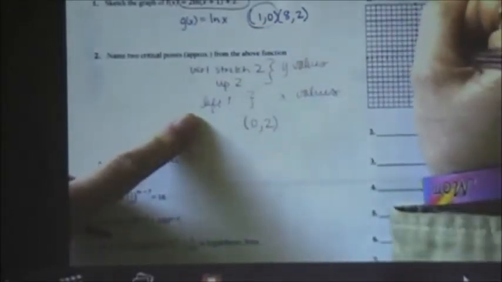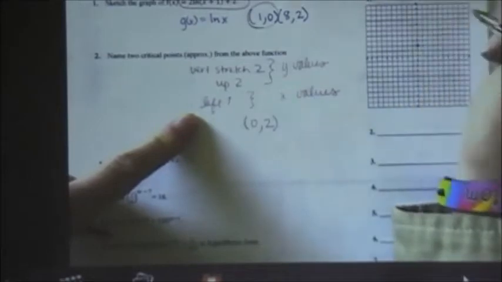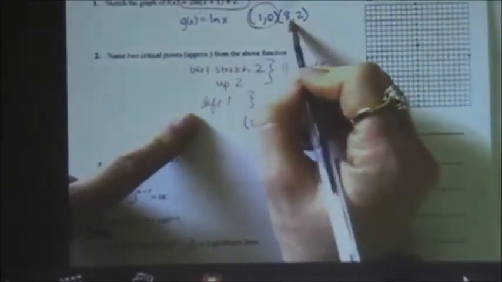So I could go ahead and draw that. And for this point, my x value is going to be affected by 1, so that would now be 7. And my y value, I'm going to multiply by 2, which will give me 4, and add 2, which gives me 6. So now I have the point (7, 6).